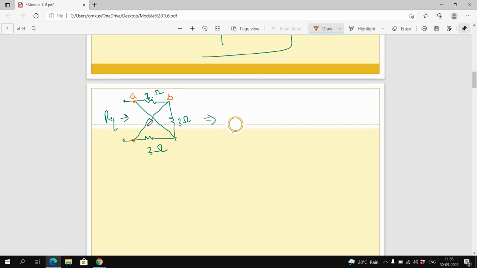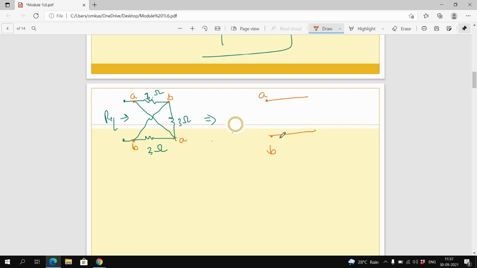So it is the same node at that point also. So I take it as B node. So the B node is also here, this is also B node, and this is A node. Now you have to find R equivalent.